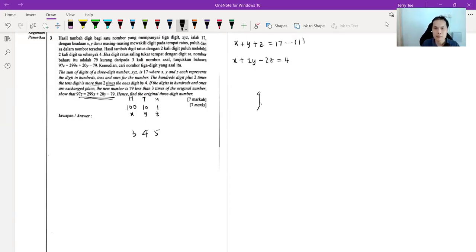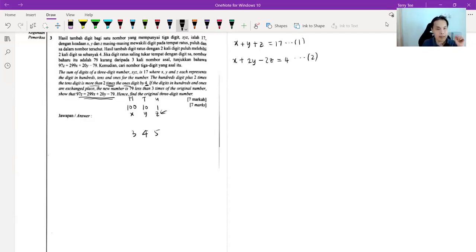If I say a boy is taller than a girl by 10 cm, the boy, the bigger one, minus the smaller one, the difference is 10, right? Likewise, the sum of the 100 digit and 2 times the 10 digit is more than 2 times the ones digit, z, by 4. So x plus 2y minus 2z equals 4. Second equation. Yeah, sounds a bit confusing.